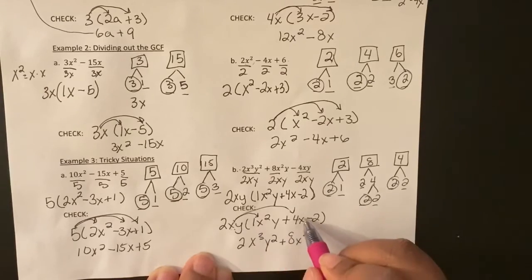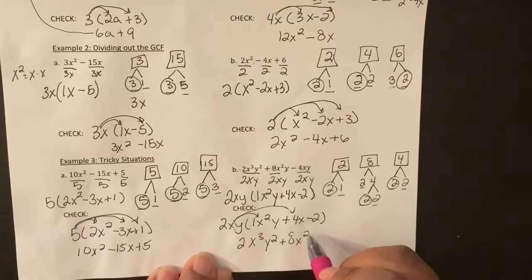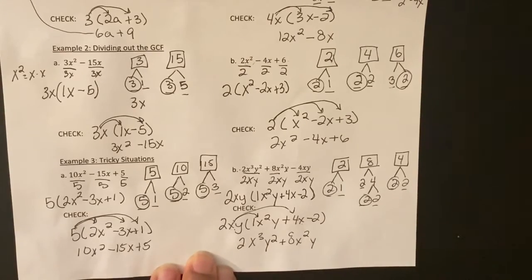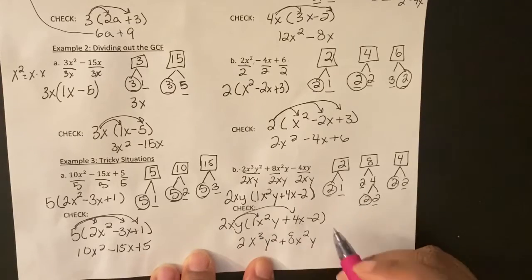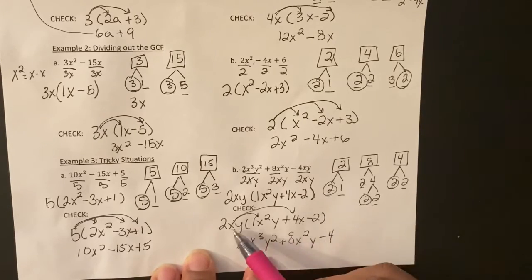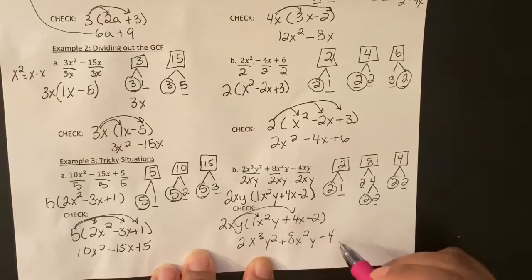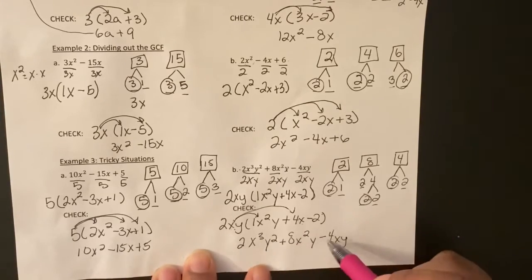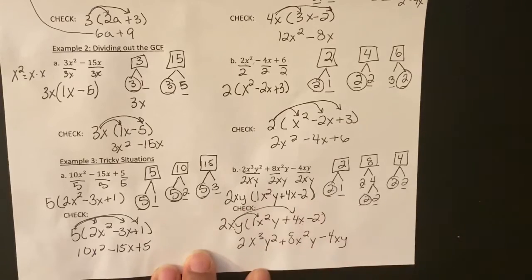And then y, you can say y times 1 because you're multiplying, so it'd just be y. And then 2 times negative 2 is negative 4. There's a silent, I'm sorry, invisible 1 right here. So then you can say x times y times 1 is xy. And again, we're back to where we started.